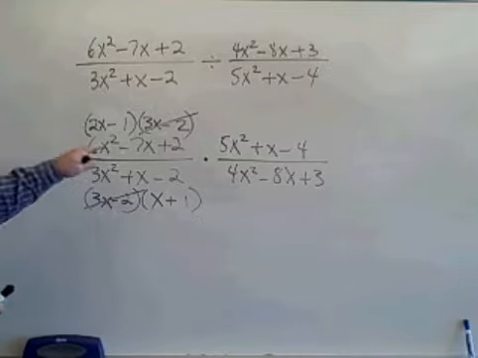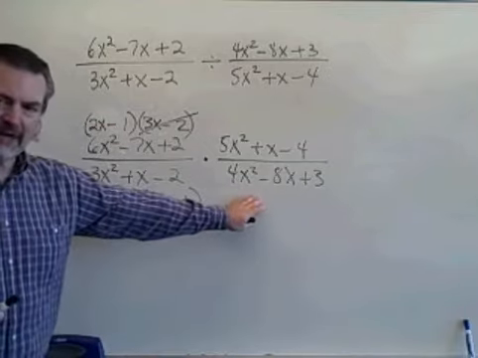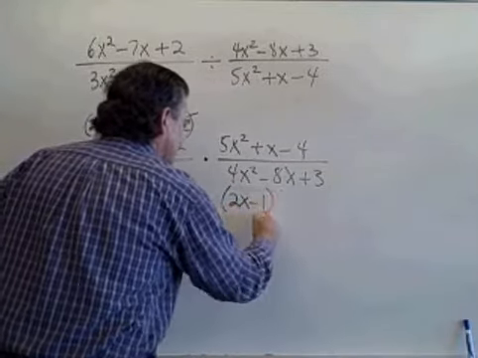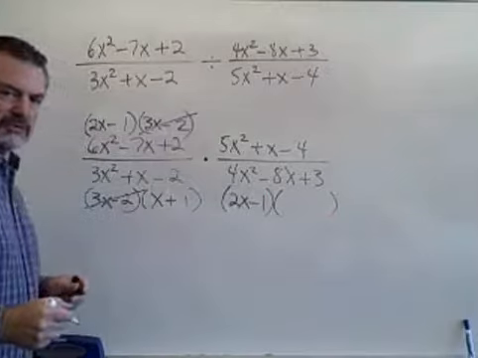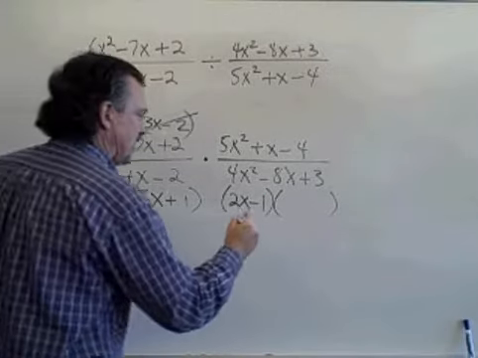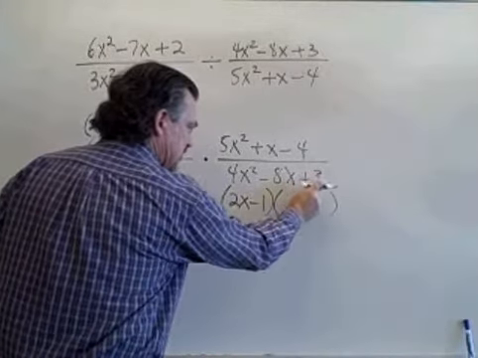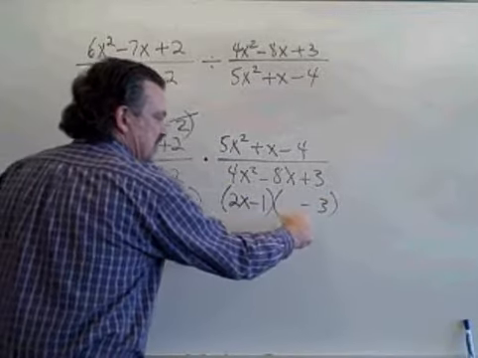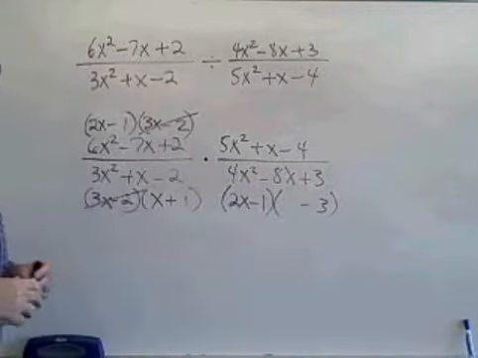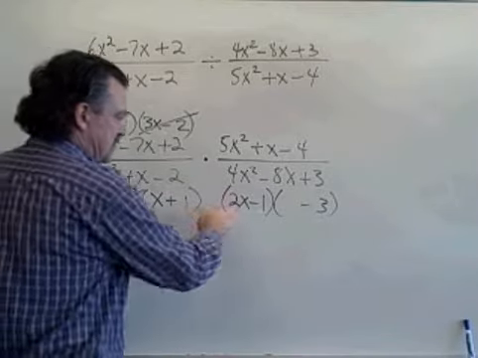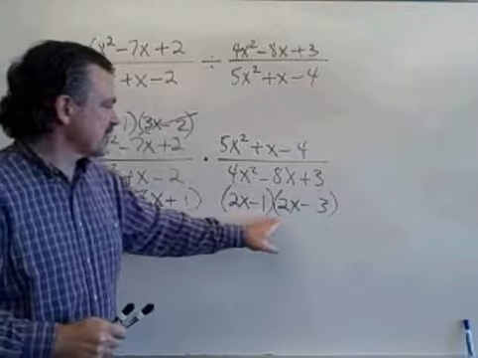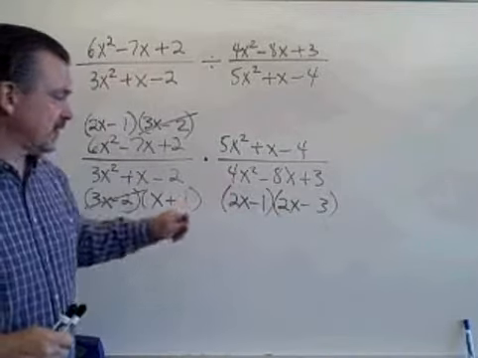Well, let's see if maybe the 2x minus 1 would be a factor down here with this trinomial. I would like that to happen. Whether or not it will, we'll see. If that were the case, then if that's a plus 3, this would have to be minus 3, wouldn't it? So that the minus 1 times the minus 3 made plus 3 under the L-foil. And then if this is 2x, this would have to be 2x, so that the 2x times the 2x makes 4x squared.